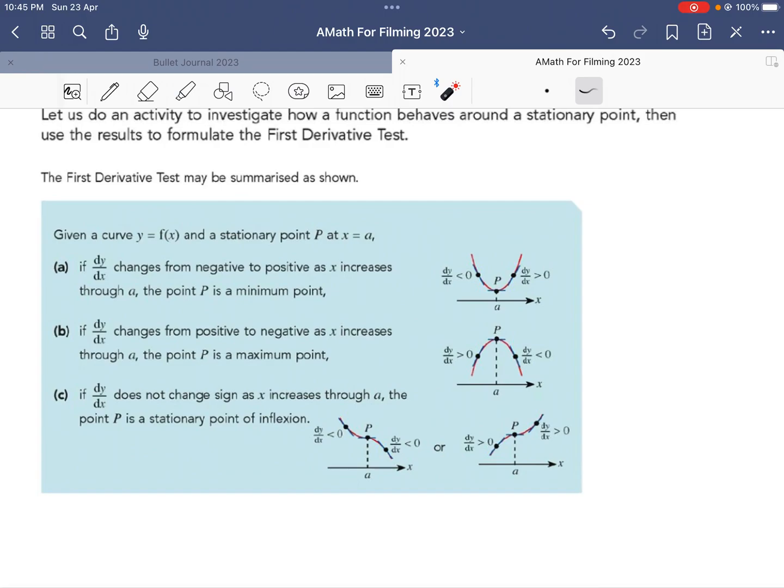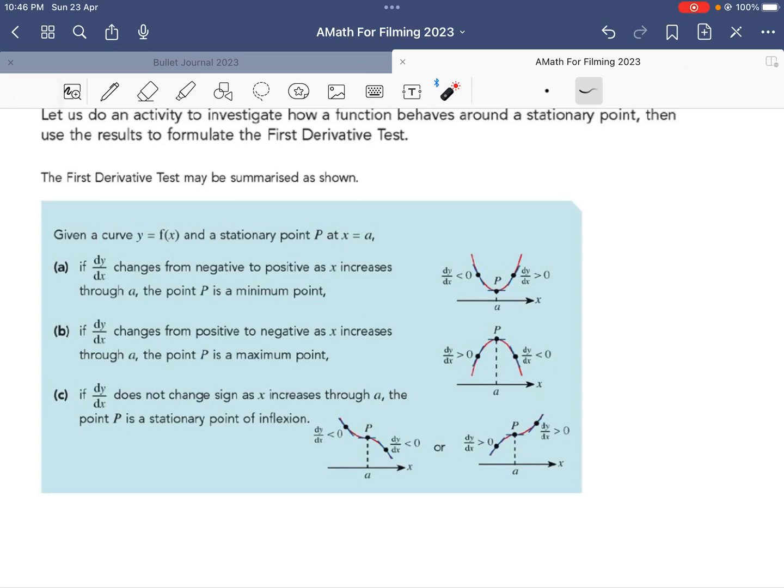Basically, what we will do is try to find a value to the left or to the right of the point itself, and see whether the gradient is negative or positive. And then from there, we will infer the gradient, and then try to sketch the shape of the graph, and that sketch itself will show us whether it's a maximum point or a minimum point.